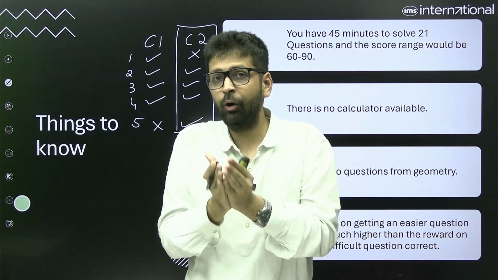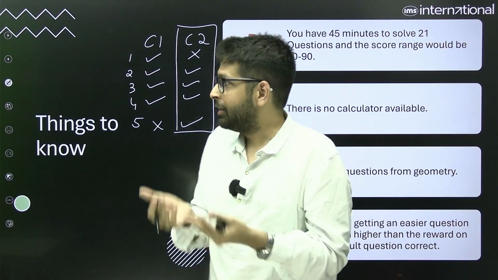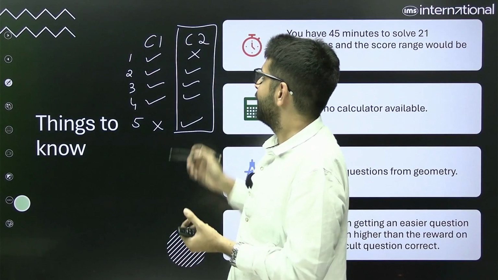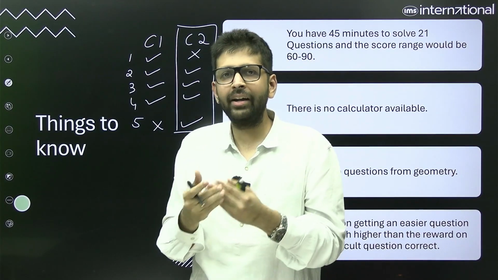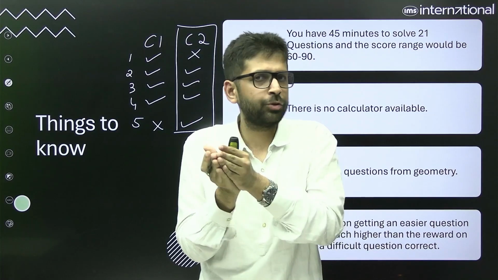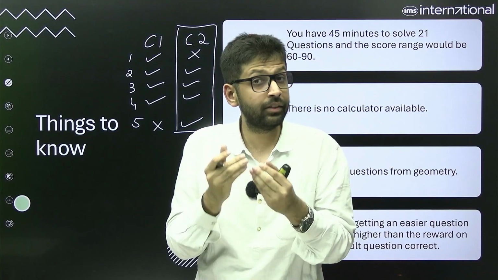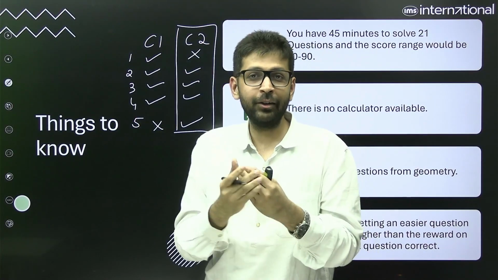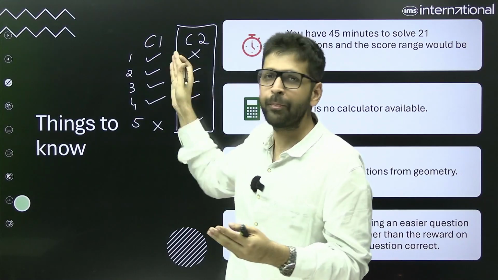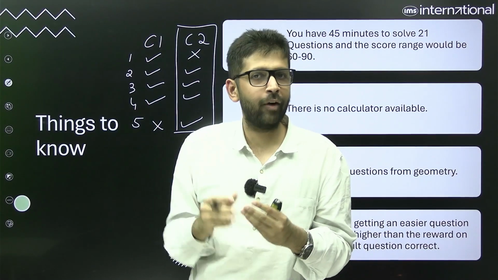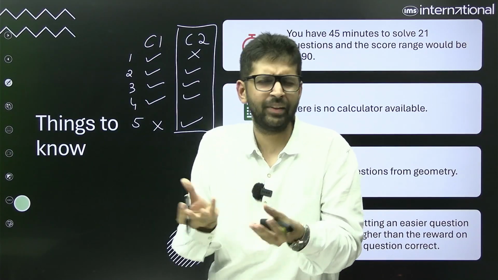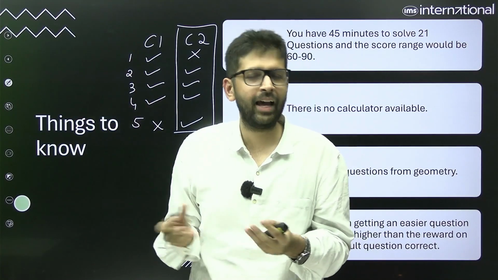But that is not how GMAT is going to perceive this. GMAT is going to assume that candidate 2 made an error in probably the easiest question of the lot, and therefore candidate 2 is going to get fewer points as compared to candidate 1 in the quant section, assuming that there are only these 5 questions on which the score is calculated, right?